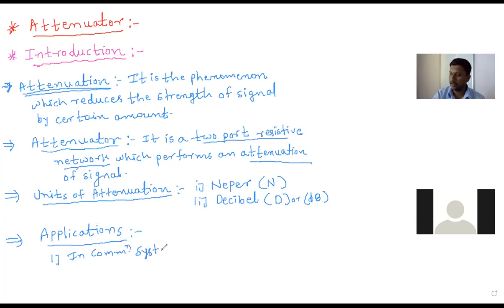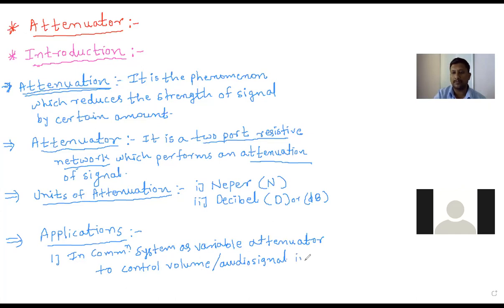It is used as a variable attenuator, means you can change it as is required, to control the volume of audio signal in radio broadcasting, television broadcasting, like this. Attenuator, we can use it.